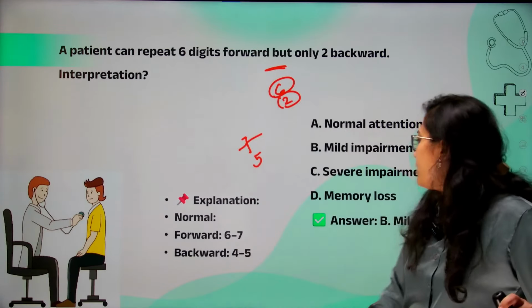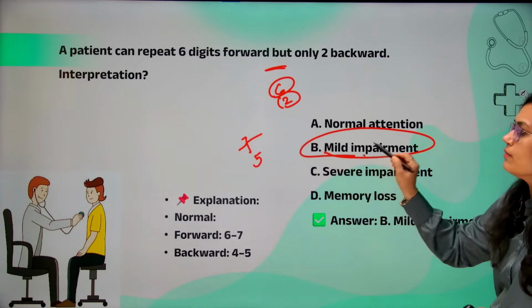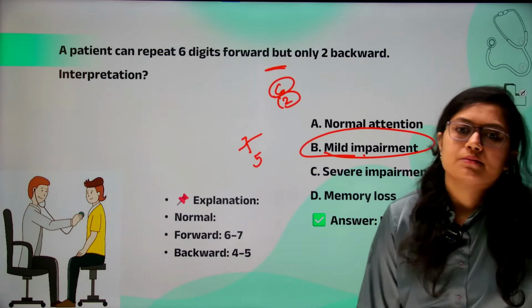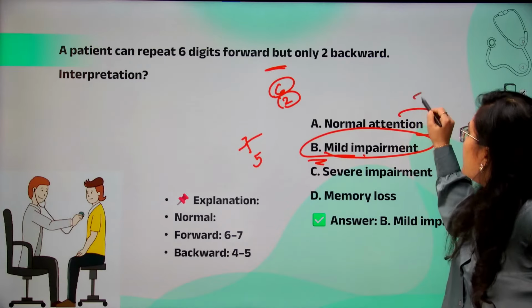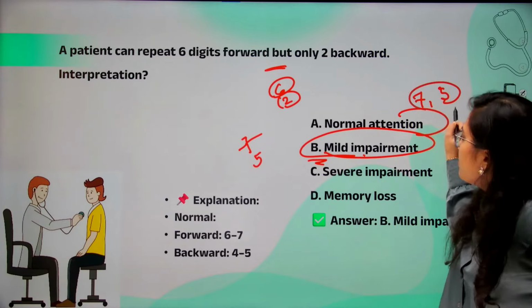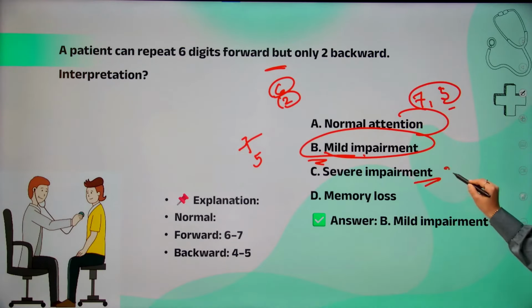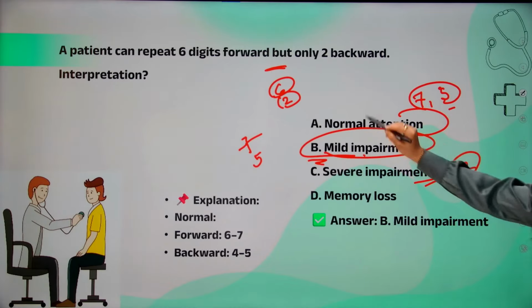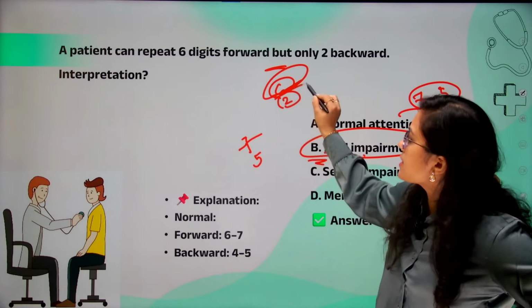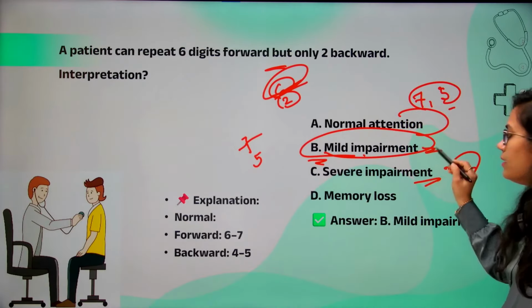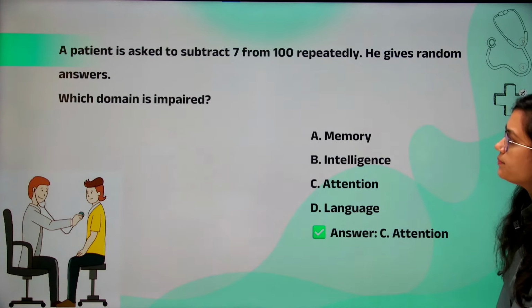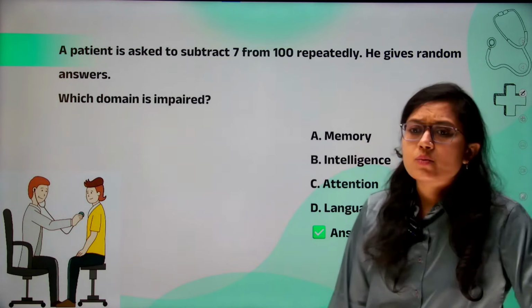So that is a mild impairment. Yes. Fine. If it were normal, there would be 7 forward and 5 backward numbers. If it were severe, there would be only 3 or 2. Here forward is 6. So that is considered as the patient having a mild impairment.